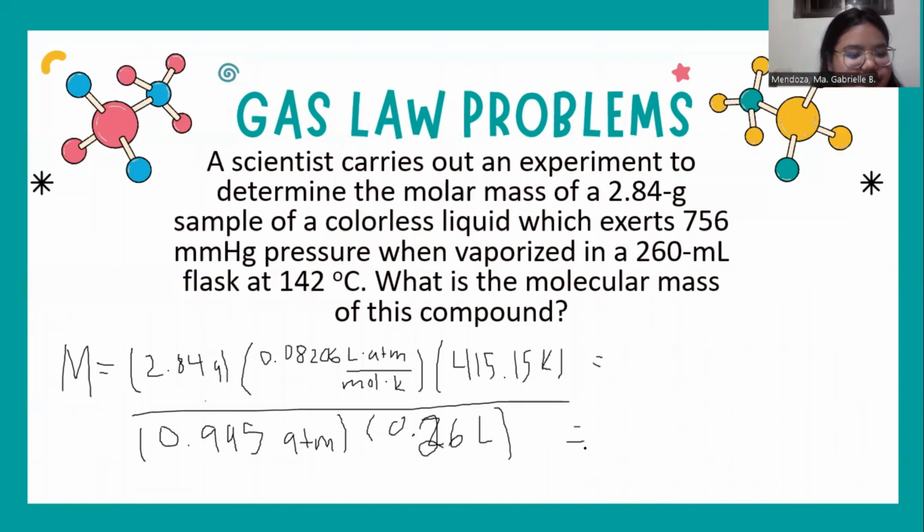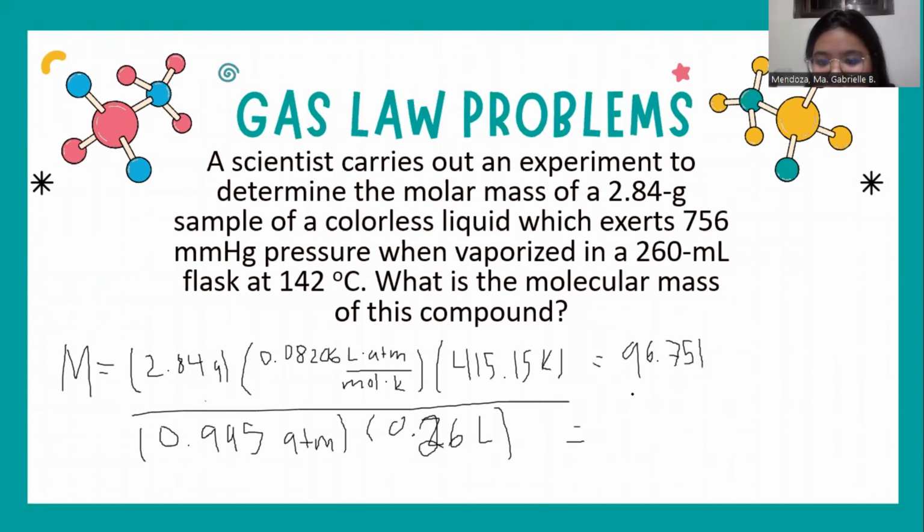Yung sa taas, 2.84 times 0.08206 times 415.15 Kelvin. Yung nasa taas, that should be 96.751 kasi nag-round off tayo dito.